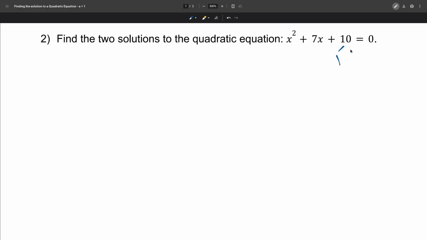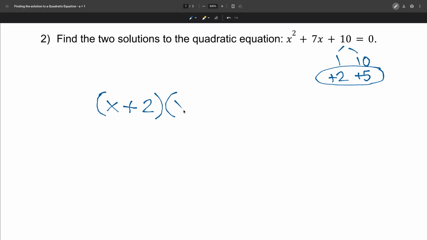So I can multiply 1 times 10, and also 2 times 5, and that would give me 10. The pair of factors that adds up to positive 7 are positive 2 and positive 5. And we can use these two factors to write this in factored form as x plus 2 times x plus 5.